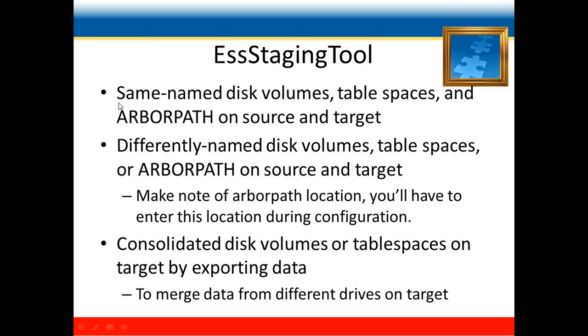So in case there is a requirement, say for example, if you have 3 drives on your source machine, and you have table spaces as drive C and disk volume as drive D, and for any reason you want to merge this on your target machine onto a single drive, say drive S, then you are wanting to consolidate the disk volume or table spaces on target.